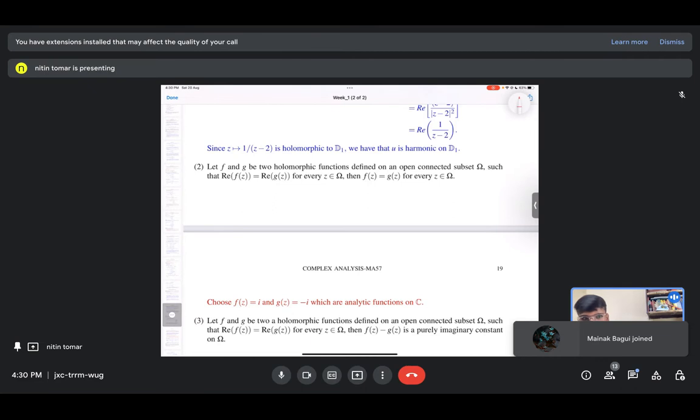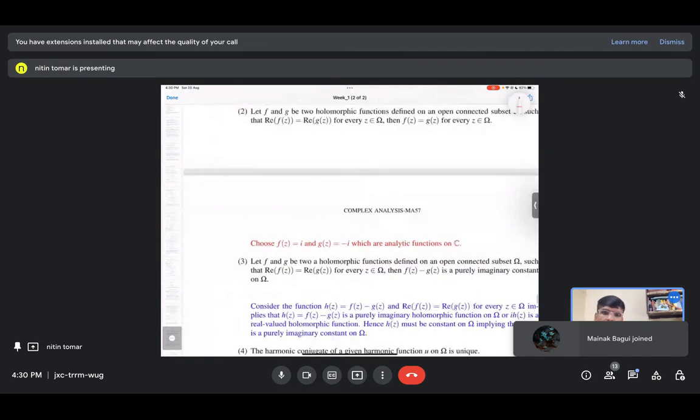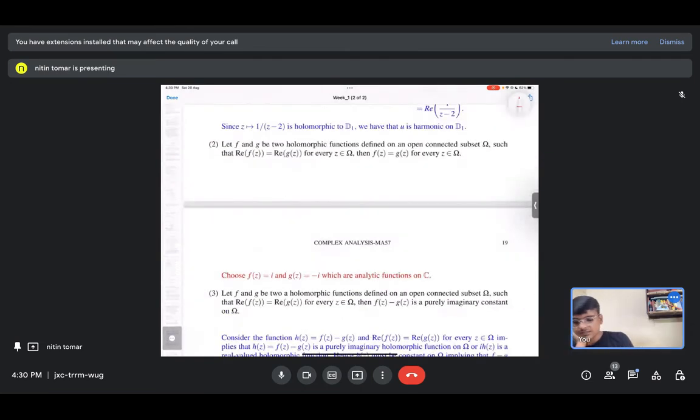Let f and g be two holomorphic functions defined on an open connected subset omega such that their real parts agree. Does that mean f(z) equal to g(z) for every z? This is not true, right?